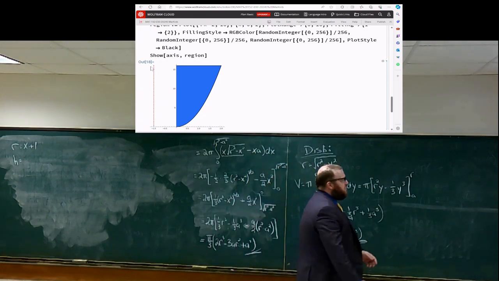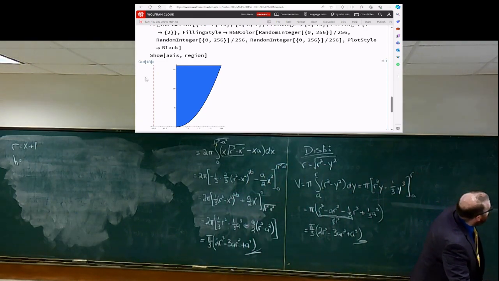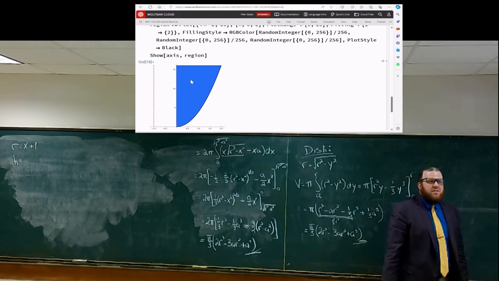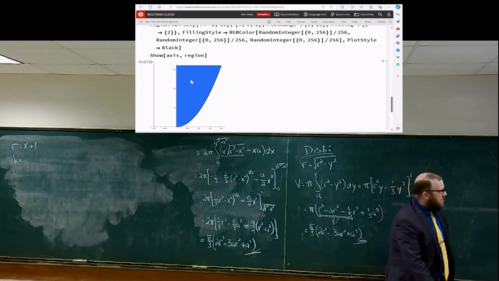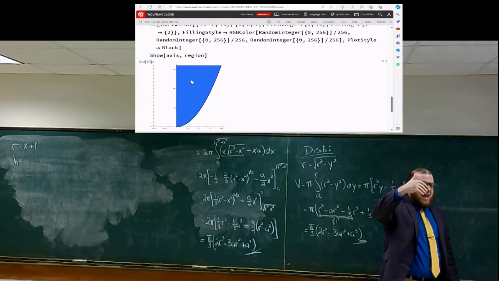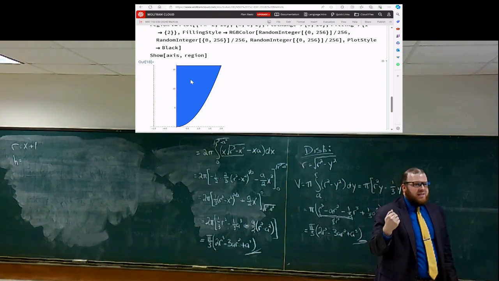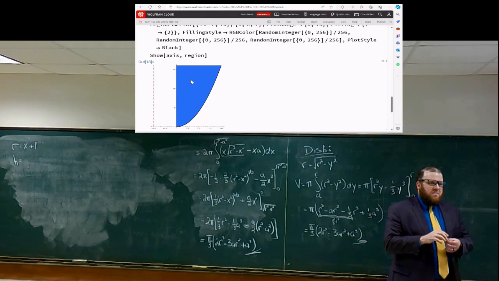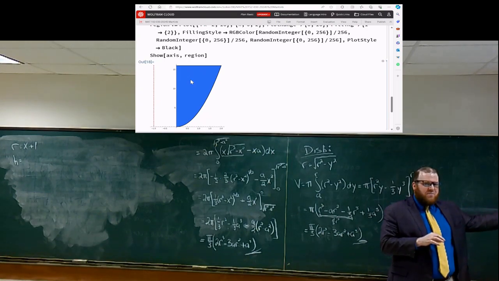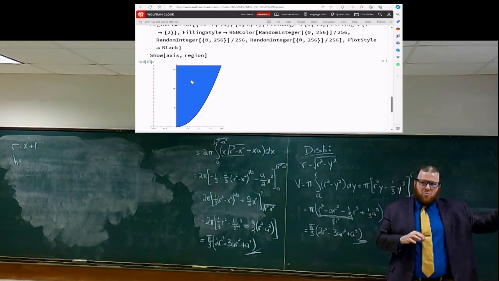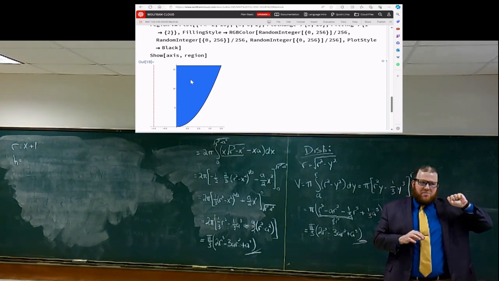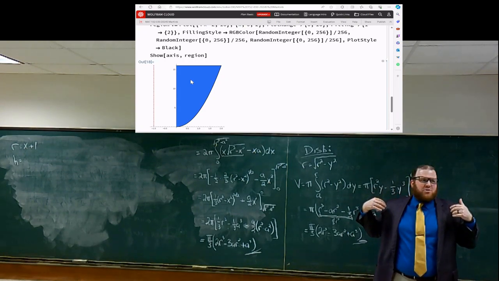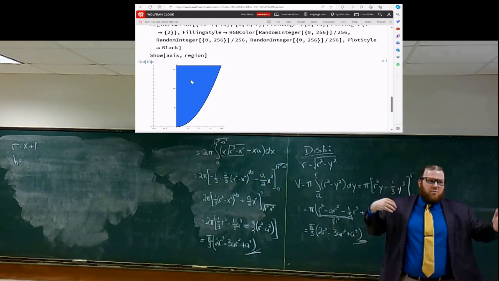So the distance we want is from here to an arbitrary point in the region. Well, we know from the y-axis to that point is x. From the axis of revolution to the y-axis, that distance is 1. So the total distance between the axis of revolution and that point would be the sum of the two, x plus 1.